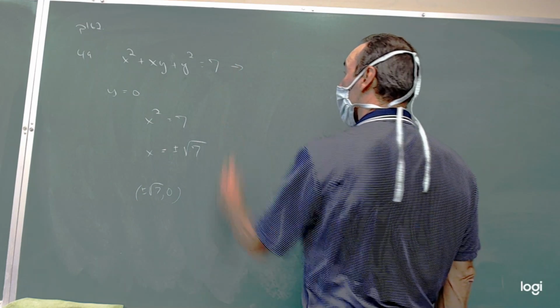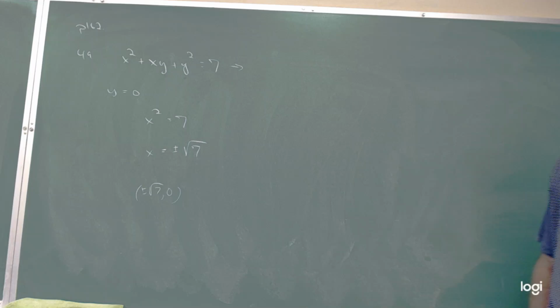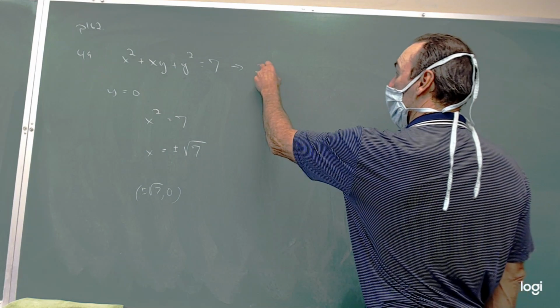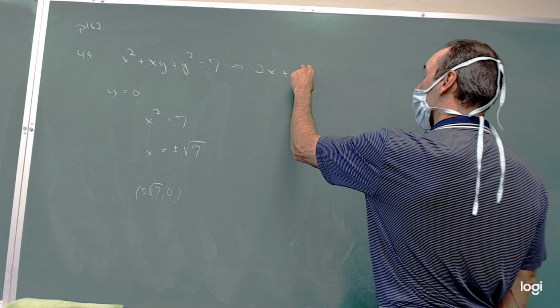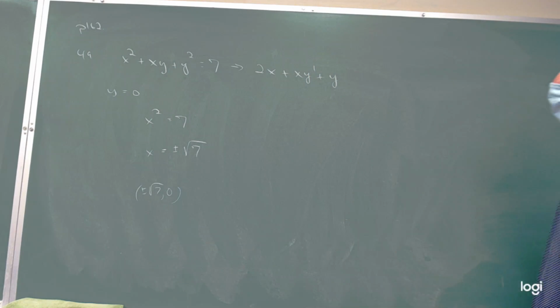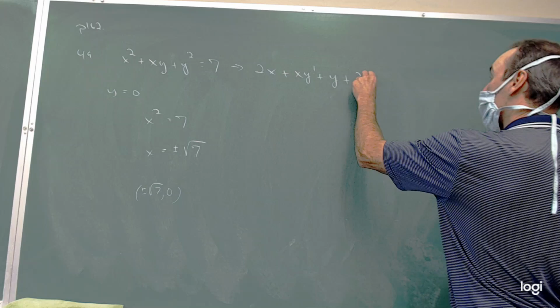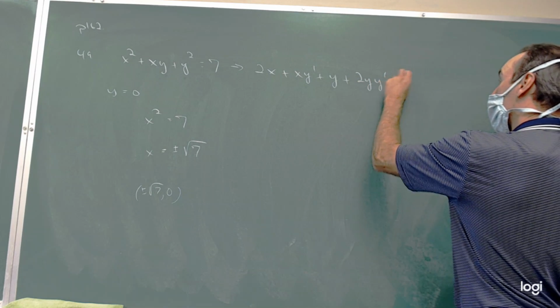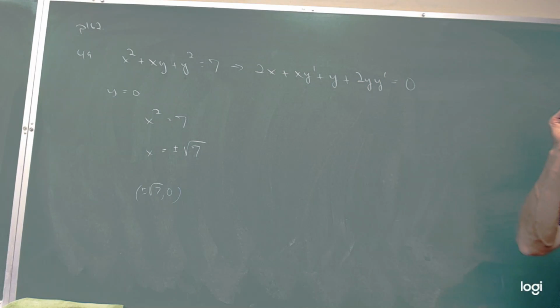So from here, we're looking for a derivative. We're going to do implicit differentiation. So that's going to be 2x. We've got a product rule, first times derivative of the second, plus second times derivative of the first. And then the derivative of y squared is 2y to the first times y prime. And the derivative of 7 is 0.